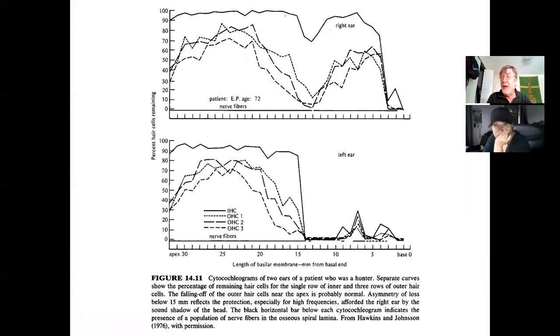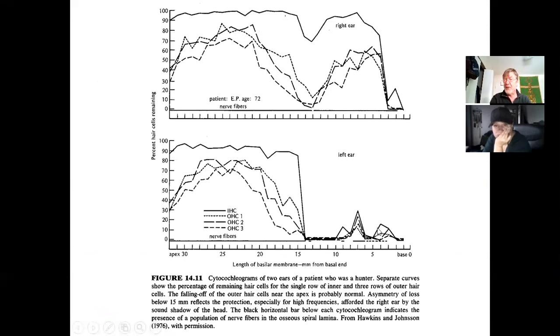And it's really weird in hunters who use rifles. If I'm right-handed, it's my left ear that's closest to the barrel. So this is hair cell count from a hunter who was right-handed. And you can see that the right ear, the inner hair cells aren't damaged very much. The outers are a bit damaged here. But his left ear is worse.